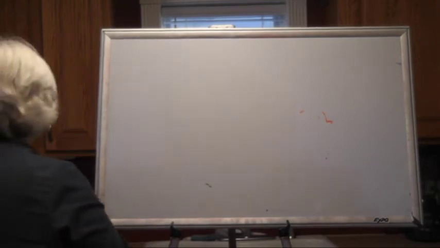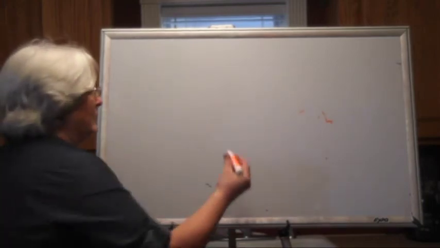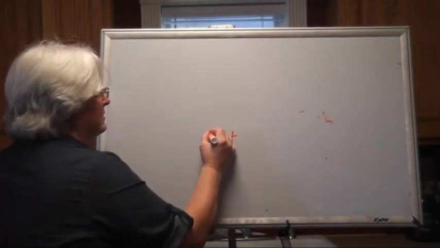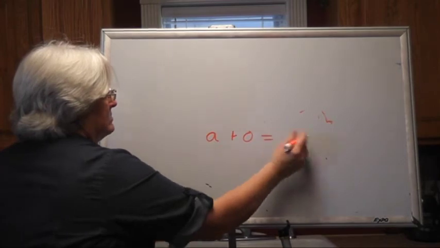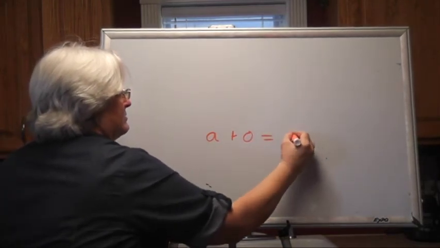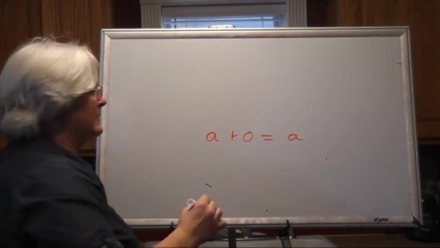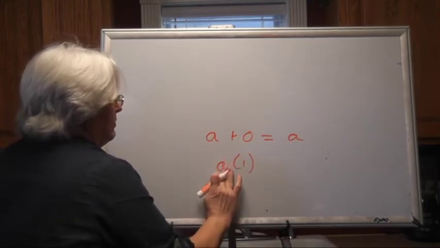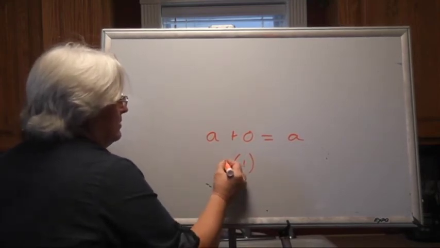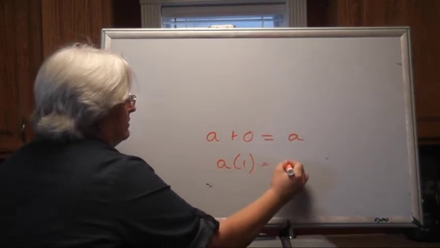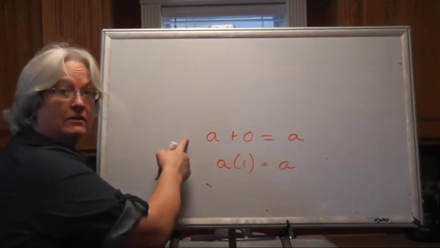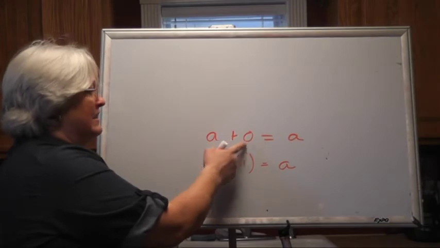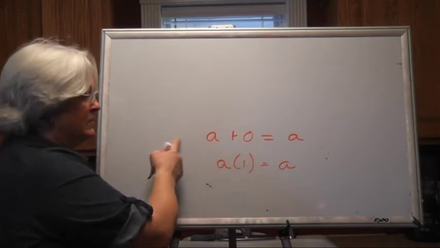Let's see, we have identity, inverse, closure. Okay, the identity: if you add nothing to something, you don't change the value, do you? If you multiply something by 1, you don't change the value. This is called the additive identity. Add 0 to something, you don't change its value.